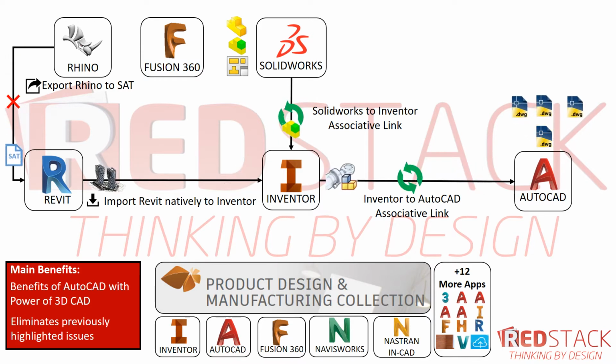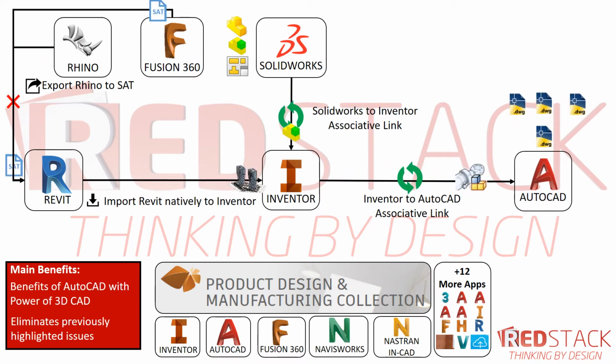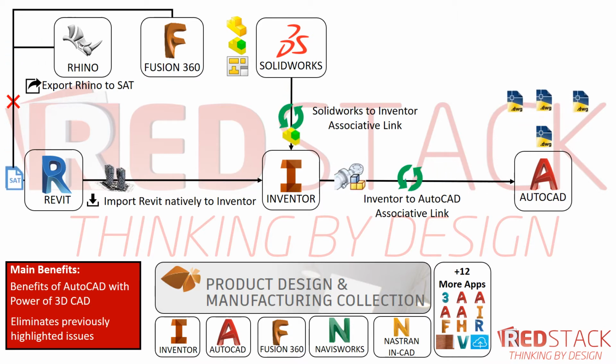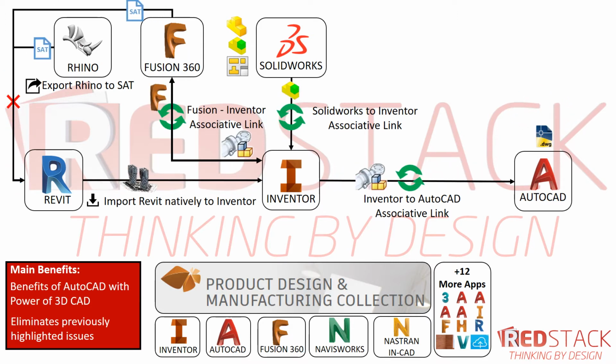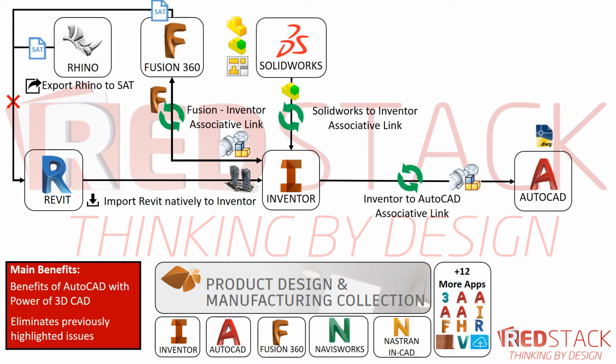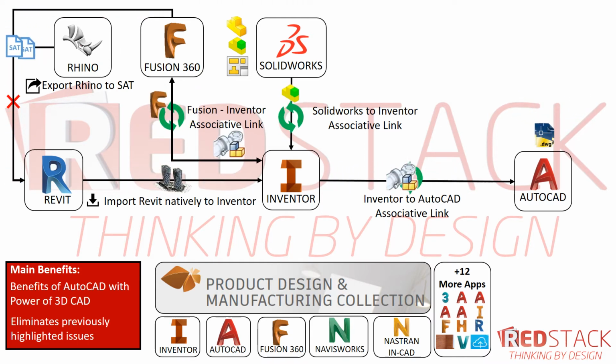You've got to export it to a SAT file. However, where it's different from Rhino is that it's got an associative link now with Inventor. So depending on what the job is or what the tool is in this particular workflow, with Fusion 360 you've got these very powerful associative links now happening with 3D.